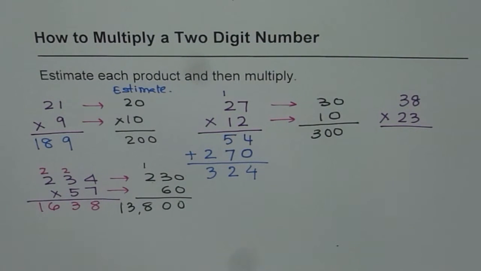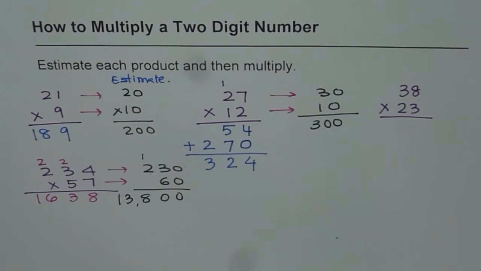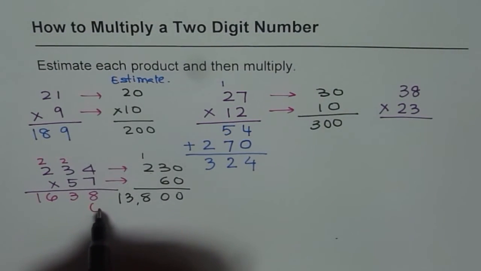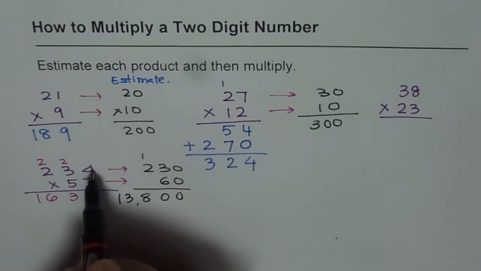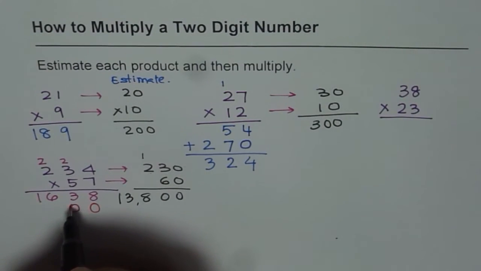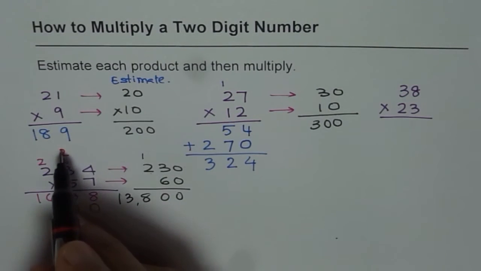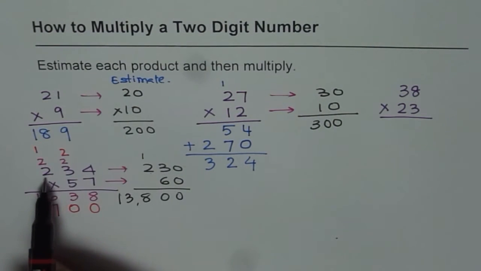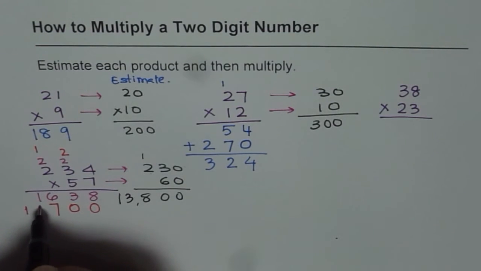Now, let us multiply by 5. 5 times 4, since 5 is in tens position, we'll write a 0 here. 5 times 4 is 20, 0, 2. 5 times 3 is 15, plus 2 is 17, 7, 1. 5 times 2 is 10, plus 1 is 11.